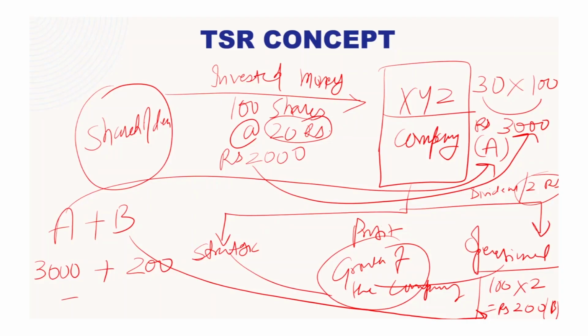Total shareholders return will be the summation of A plus B. What is A? A is your 3000, plus what is B? B is your dividend, 200. Total shareholders return, TSR, is equal to 3200.